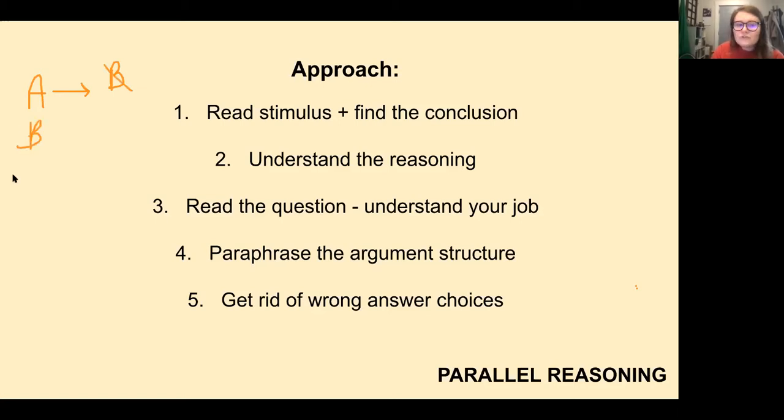So then my conclusion was, therefore, I don't have any apples. And what I did to get there, if I was going to paraphrase it, is saying, if I have something, I don't have that other thing. But since I have that other thing, therefore I can't have that first thing. I need to find an answer choice that matches that structure.